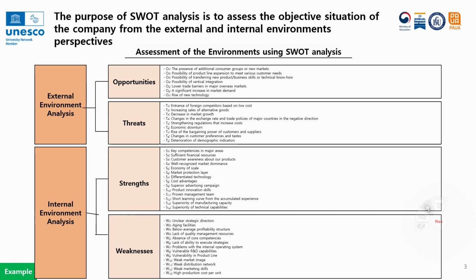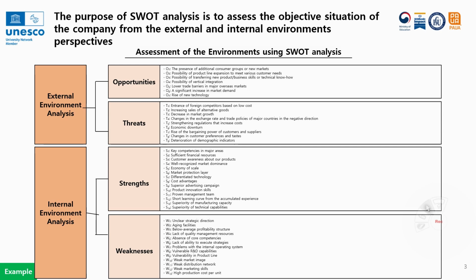So in short, a lot of things we can categorize as opportunities and threats are actually related to the factors we have covered in the past analysis: industry analysis, competitor analysis, and also the customer analysis.